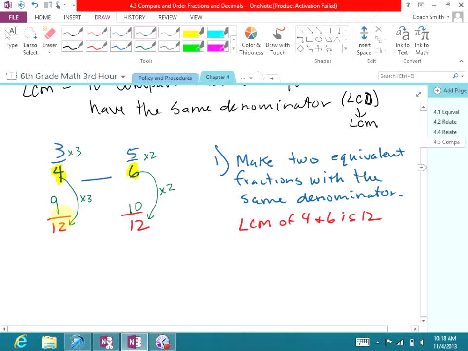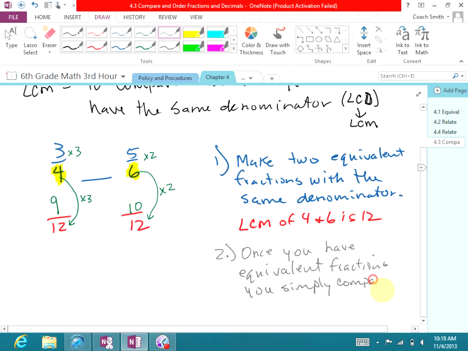Okay? So now, once you have equivalent fractions, you simply compare the two numerators.